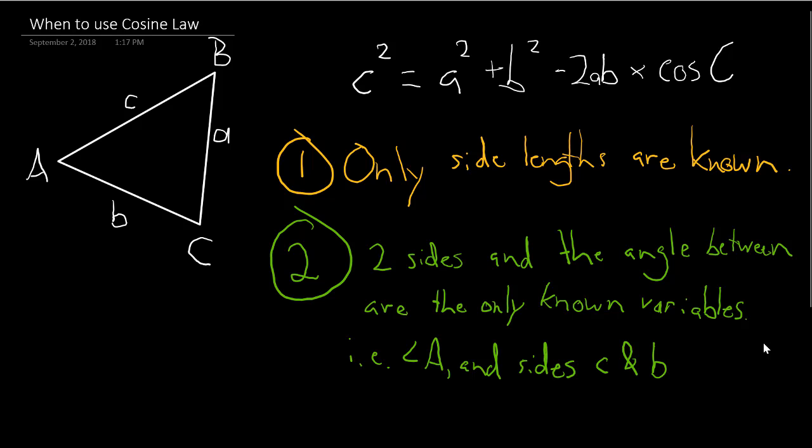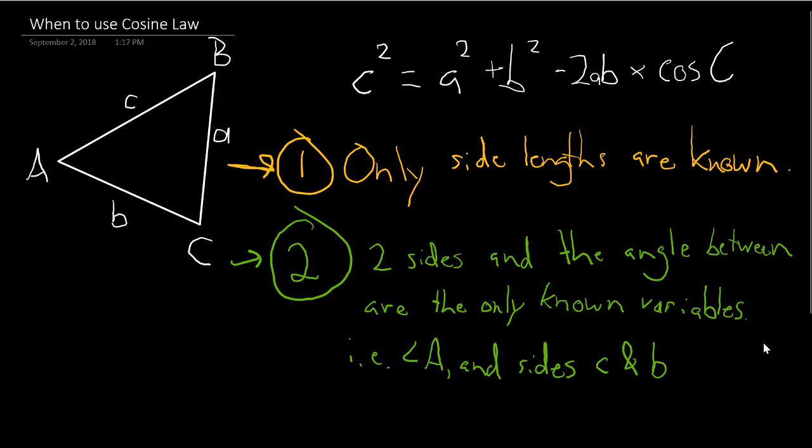But the two times you should use cosine law is when only side lengths are known, as you can see in yellow, number 1 here, or when two sides and the angle between are the only known variables.